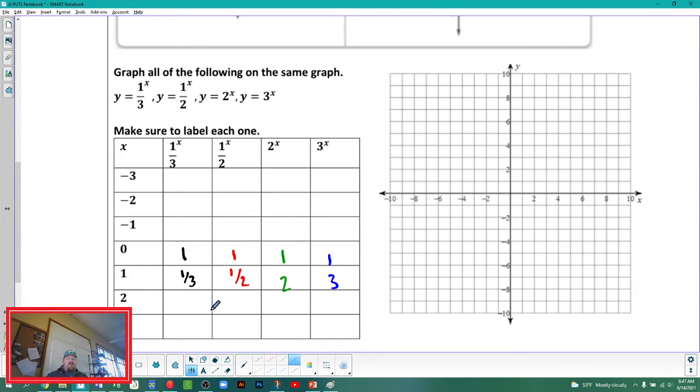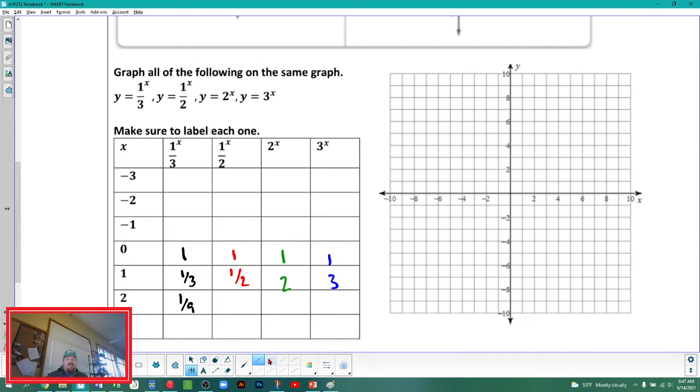I'm working in the positive direction because that works better in my mind anyways. For the next one, with all of them raised to the second power, that's just squaring all of them. When we square fractions, we get smaller fractions. So that's 1/9, that's 1/4, 2 to the second. Dang, I did it again, didn't I?